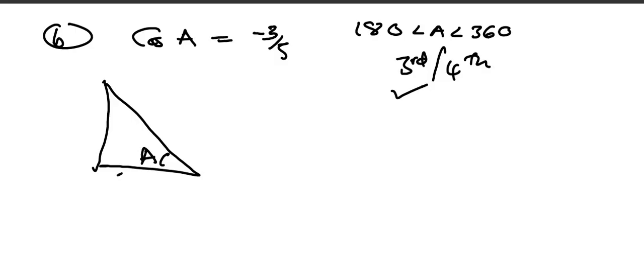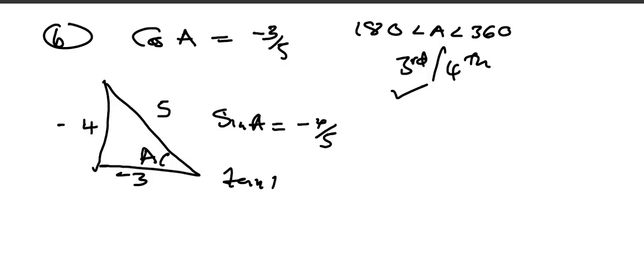So cos A is adjacent over hypotenuse, then we can get the other side here. This should be a 4, and we can get the other ratio, which is sine A. Sine A also has to carry negative. This is negative 4/5. Then tan A is simply opposite over adjacent. So this is the main reason why tan is positive in the third quadrant. This is what you have.